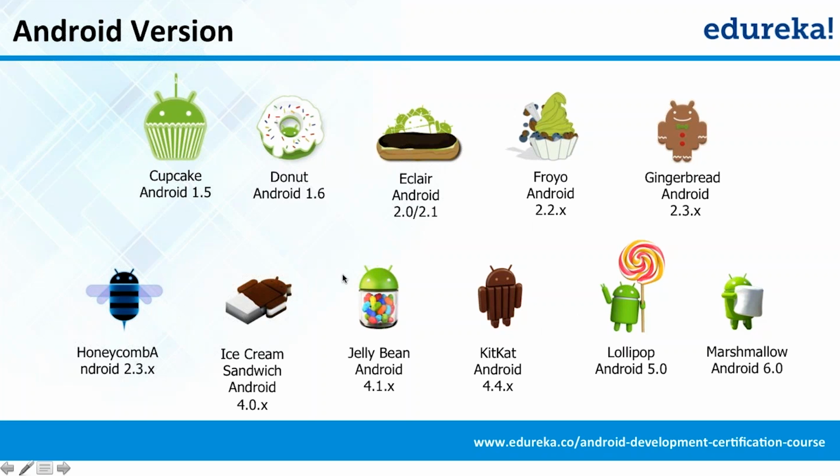These are the different Android versions which are available in the market, starting from 1.5. I basically began application development with Android 1.6, and now you can see Android has traveled a lot. Now Android is available for the latest devices, that is Marshmallow 6.0.